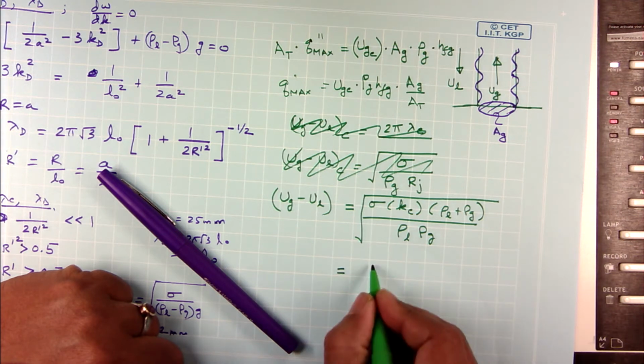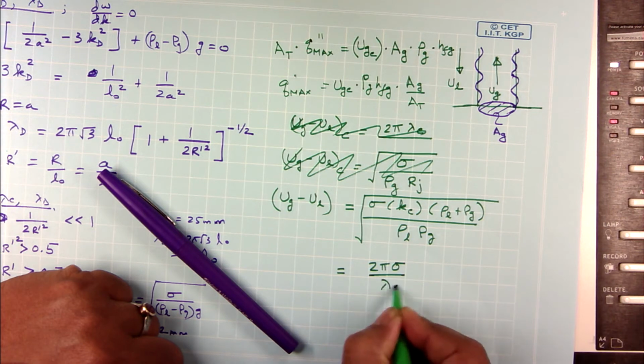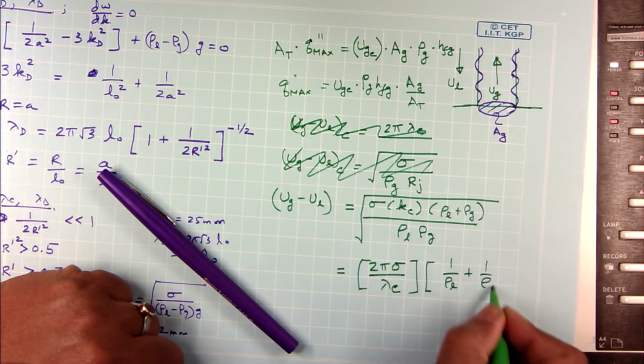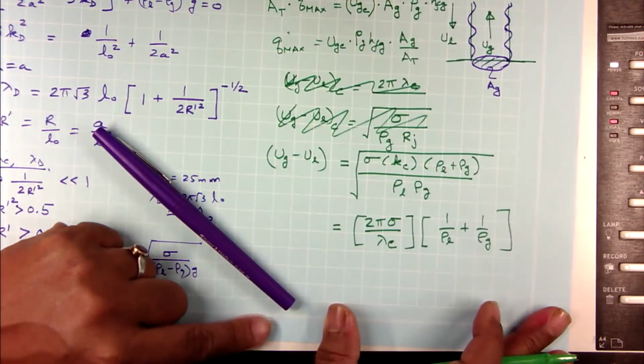So in essence this becomes 2 pi sigma divided by lambda c times 1 by rho L plus 1 by rho g. Well, rho L is something like 1000, rho g is something like 0.5. So I can neglect this 1 by rho L, it does not really contribute anything.